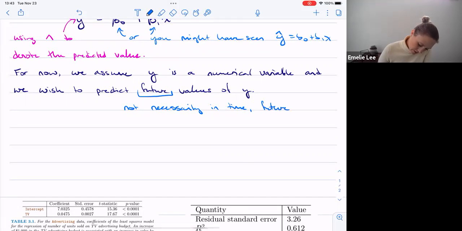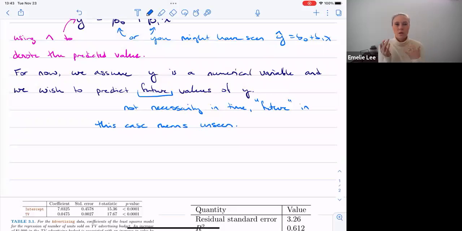Future in this case means unseen. So if I were to collect a completely new random sample, then I would have points that are previously unseen.